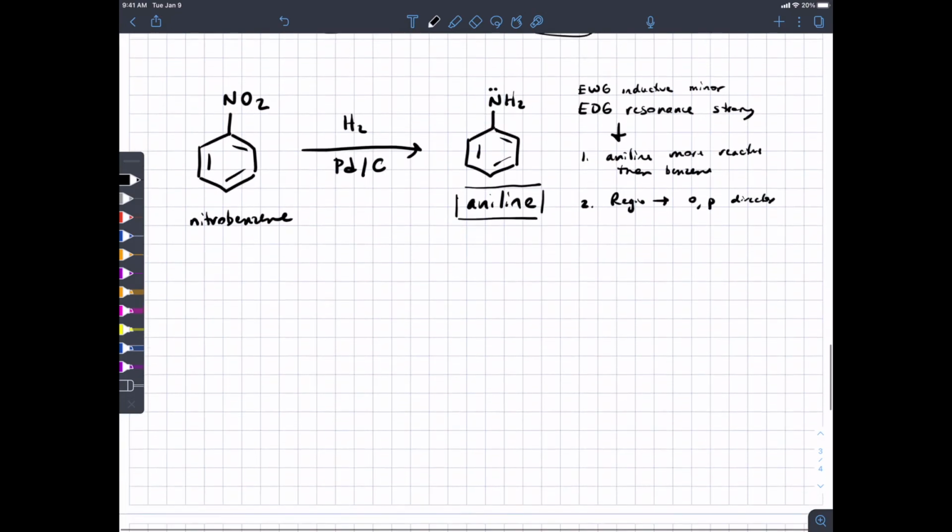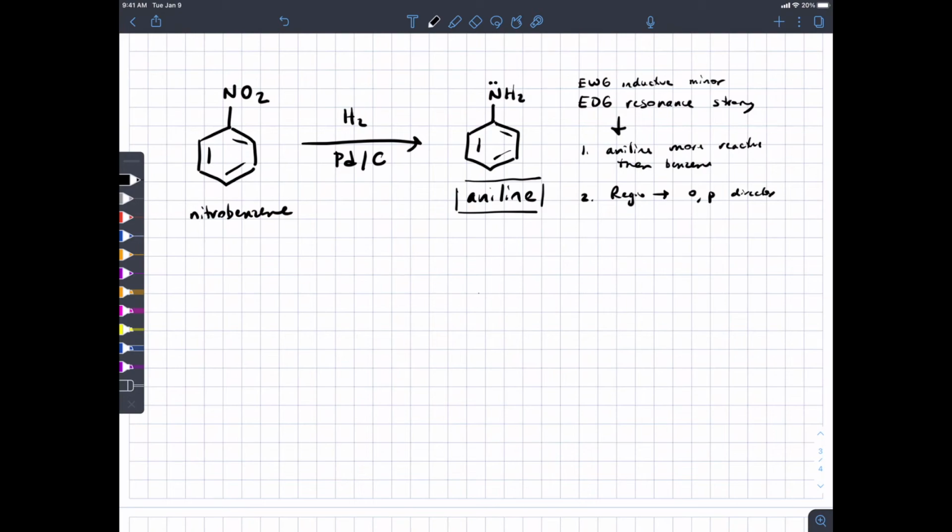And you could draw a resonance structure in which you donate electron density from the aniline nitrogen into the ring. So you would predict that ortho and para carbons are electron rich.